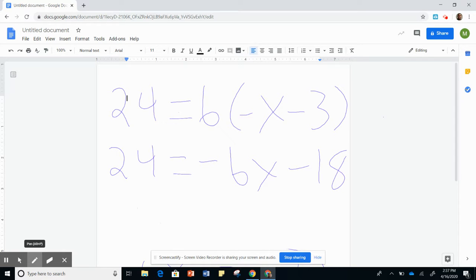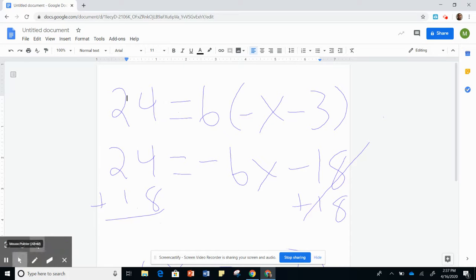Now that we're at this level, notice with the 24, there's no x on that side, which means we have to move the number to the left. So we're going to add 18 on this side. Whatever you do on one side, you have to do to the other. Add 18 here. The 18's canceled out here.